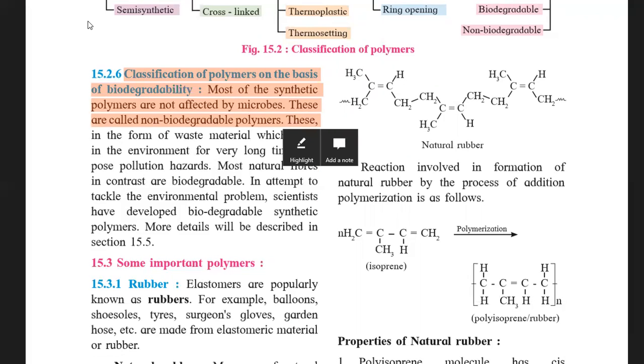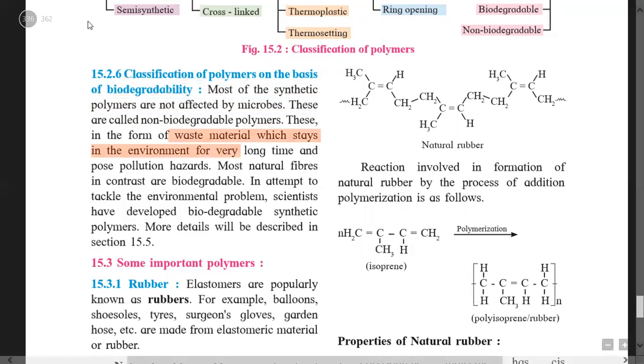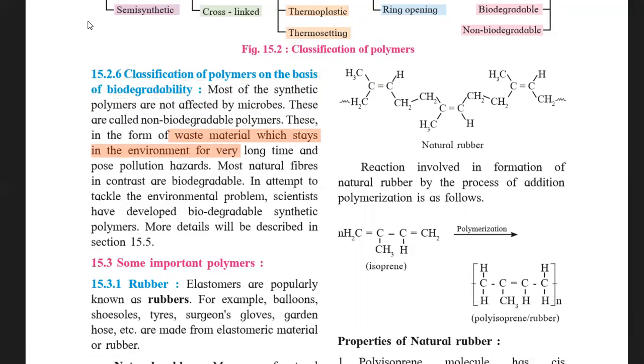They are in the form of waste material which stays in the environment for a very long time and causes pollution.